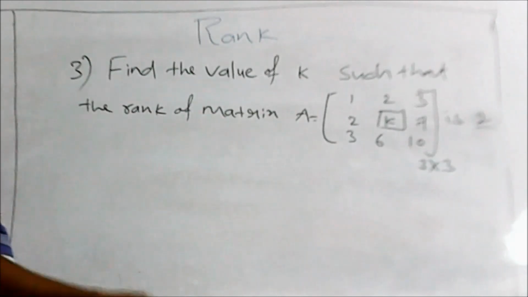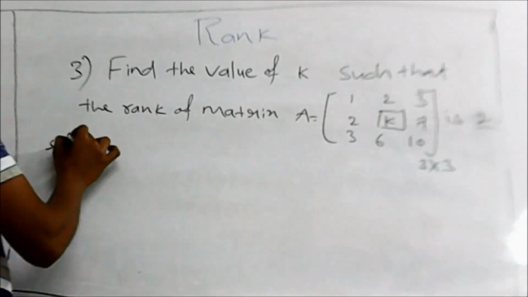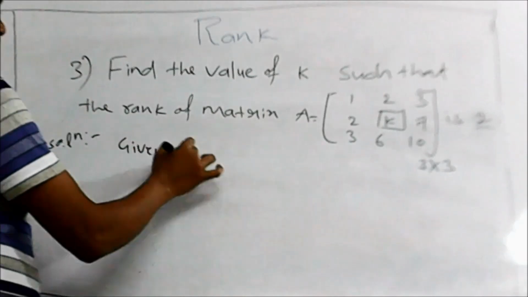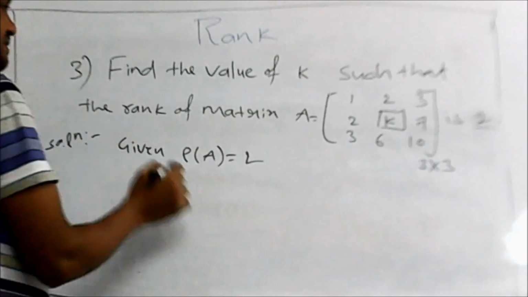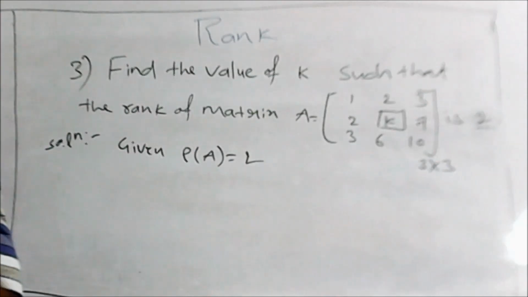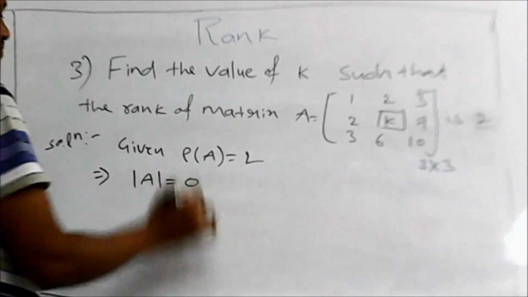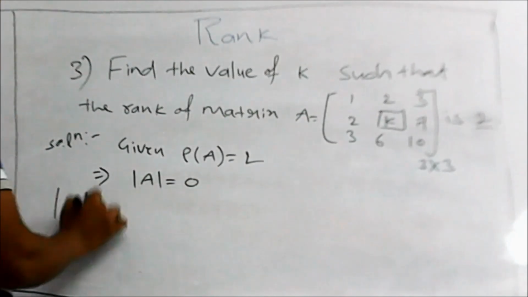It is given as 2, so by the given condition, rank of A is 2. But for a matrix of size 3 by 3, the determinant of A must be equal to 0. Okay, so we will find the determinant of A.